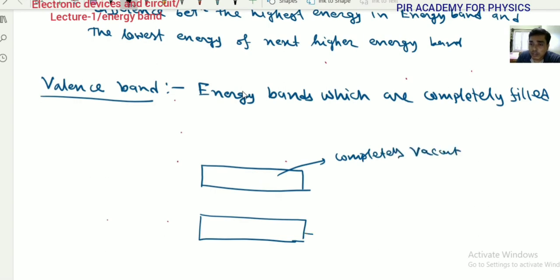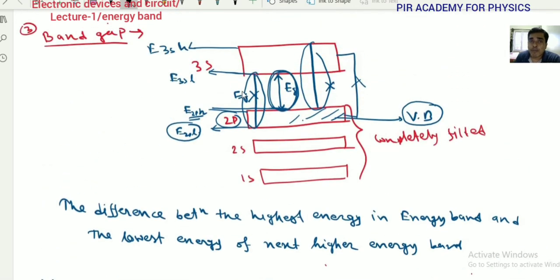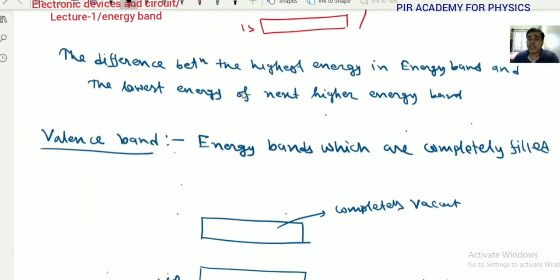If this is completely filled, then it will be a valence band for this configuration. But here for sodium this is not completely filled, that's why 2s is not a valence band. Here 2p is the valence band, and 3s will be the conduction band.